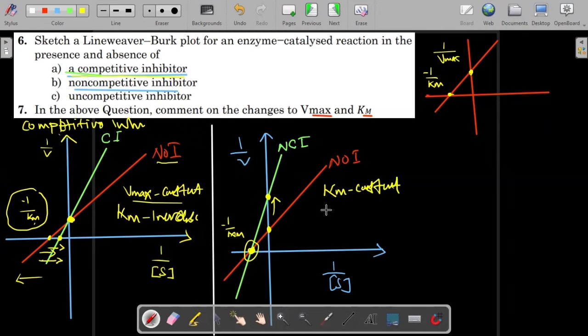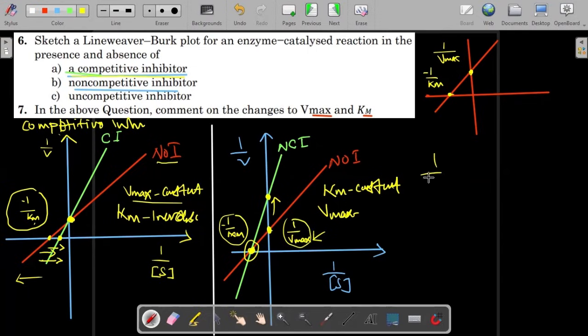Okay, but what has happened to the Vmax? So since this point here represents 1 over Vmax, remember? And this is a positive value as opposed to this negative value there. So if this value has gone up like that, then what does it mean to the Vmax there? So let's say, for example, this was 2.